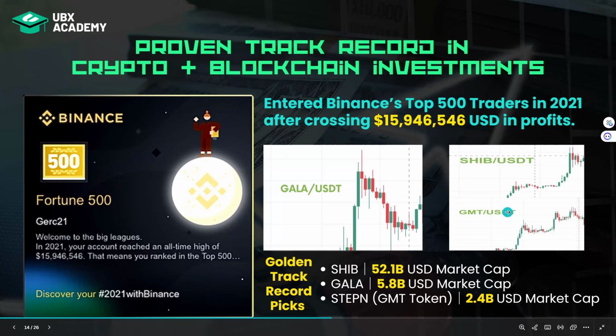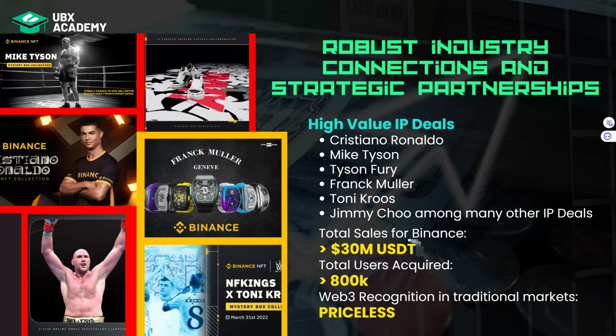They also have a lot of connections with multiple strategic partners. They worked with Cristiano Ronaldo before, Mike Tyson, Tyson Fury, and Frank Muir, even Jimmy Choo are among their partnerships along the way in the crypto industry.